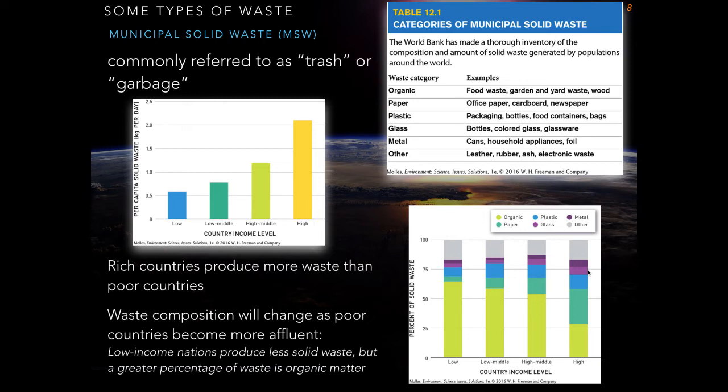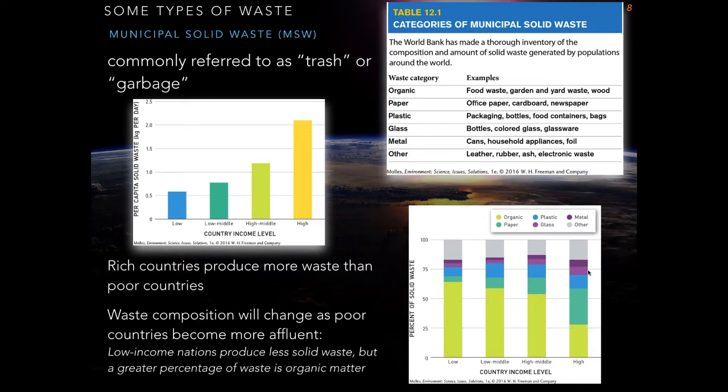So what we can see is, in general, low incomes will tend to produce less solid waste. Organic waste can be recycled in some way, it can be composted, it can be sent back as nutrients, and so it's easily handled, when solid waste is a harder task to handle.